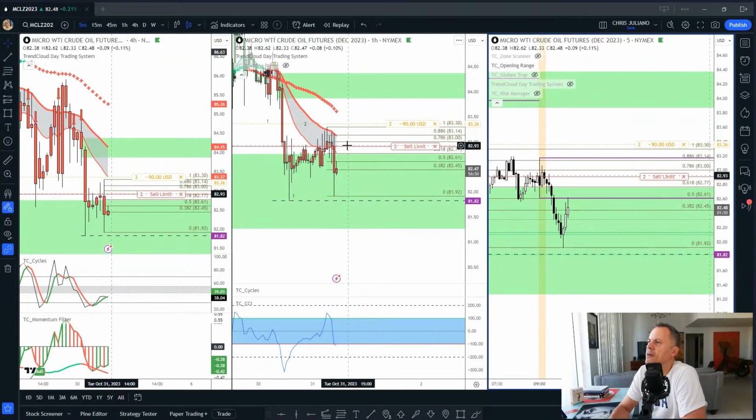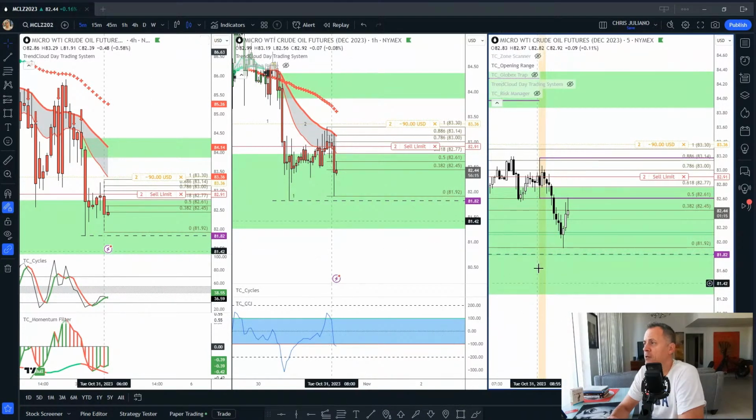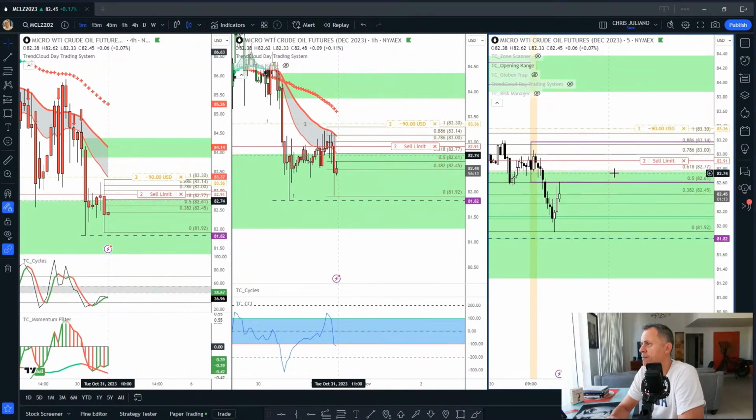That's just a lot of consolidation. Pulling back into that cloud, really trying to find that resistance area. We've got the momentum here. We really have the momentum here. So that's what that's looking at.